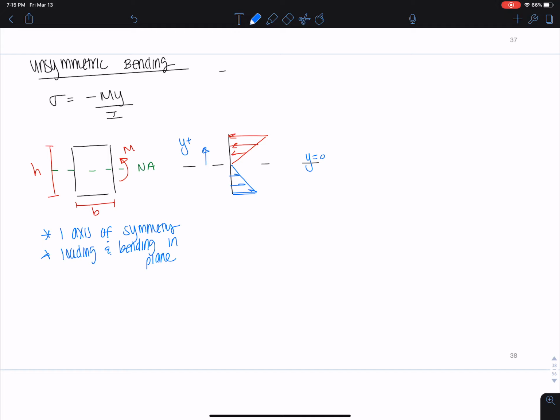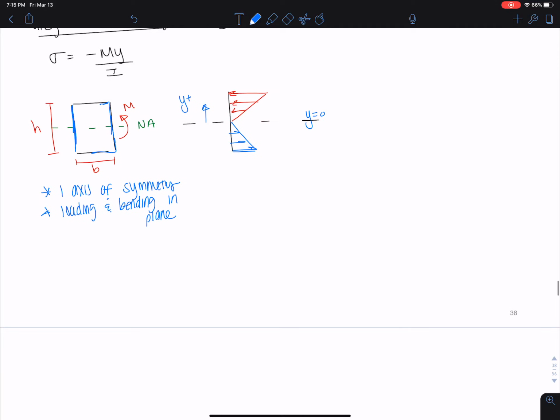How do I calculate sigma basically? What if my cross section is not symmetric like this? What if when I fold it over, it's not the same shape? Okay, so what happens when I have an asymmetrical cross section? Can I still solve for sigma? And the answer is yes. Okay, also what if I have out of plane bending?